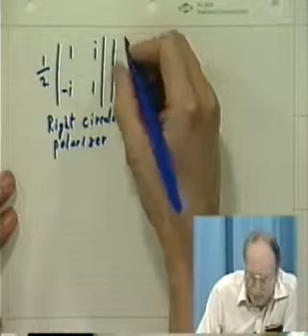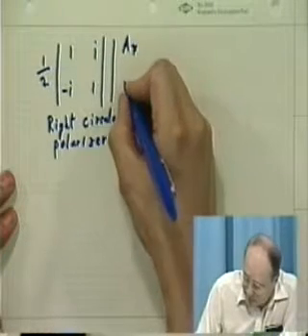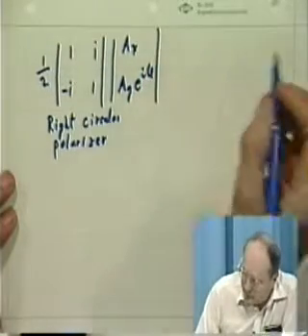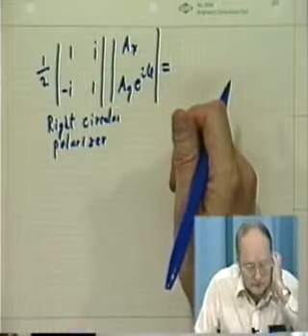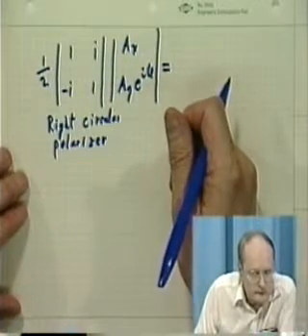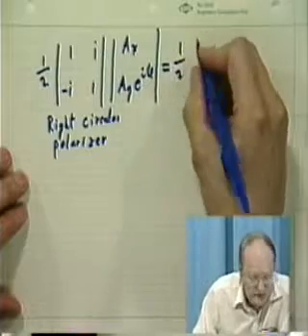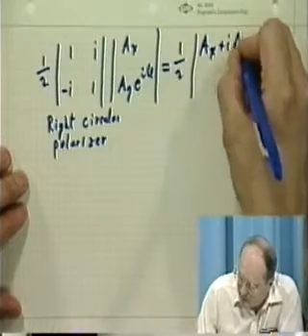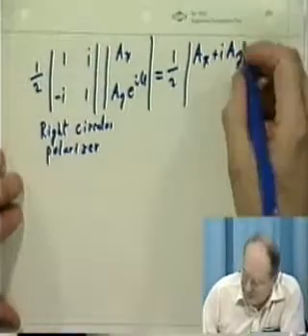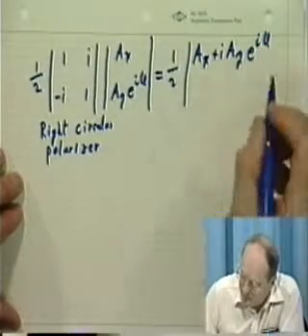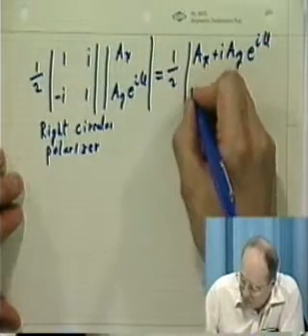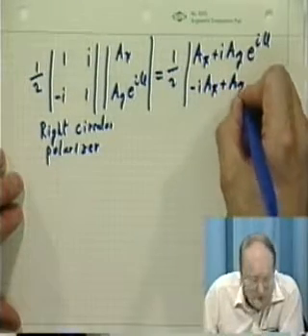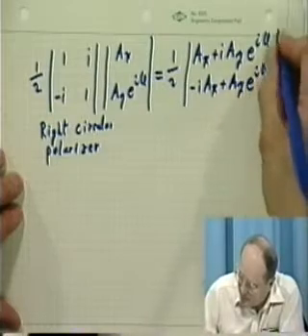And the initial polarization we write as a sub x, a sub y, e to the I phi. And so what we get through this filter then is 1/2 a sub x plus I, a sub y, e to the I phi. And then this is minus I, a sub x, plus a sub y, e to the I phi.